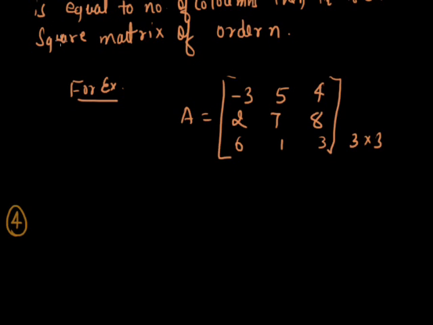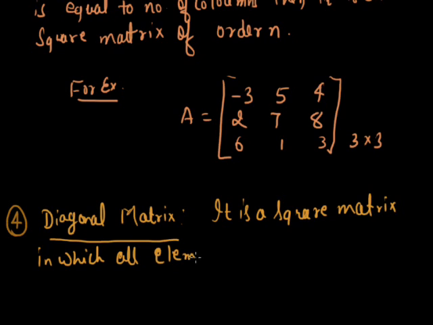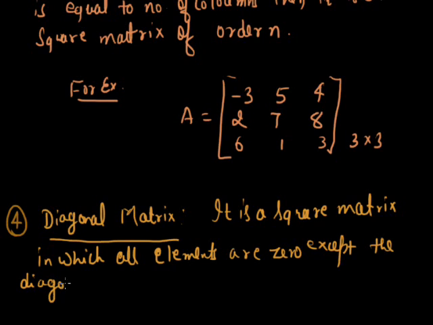Now this is diagonal matrix. Diagonal matrix is a square matrix in which all elements are 0 except the diagonal elements.